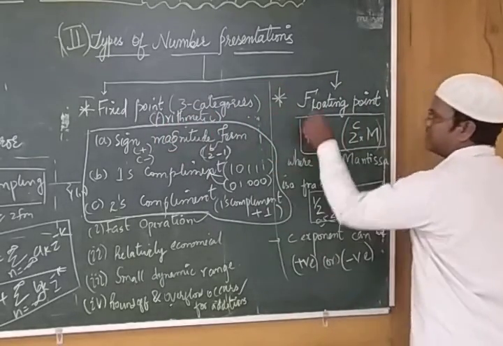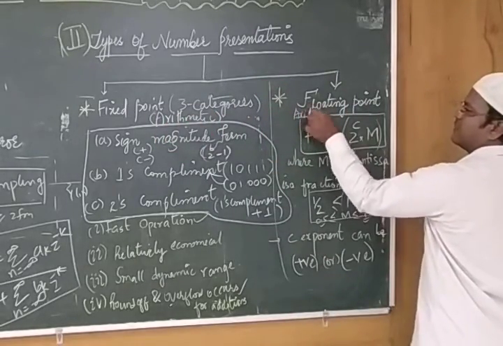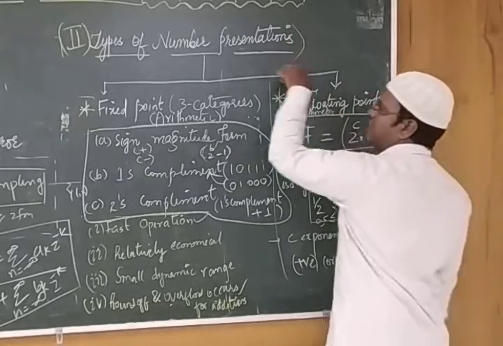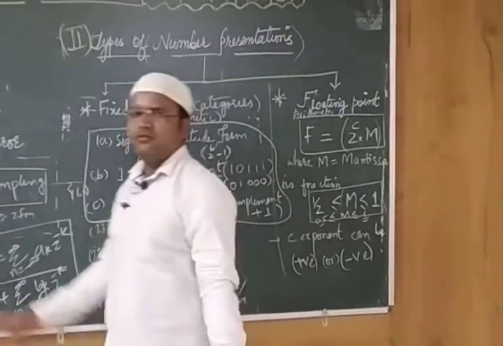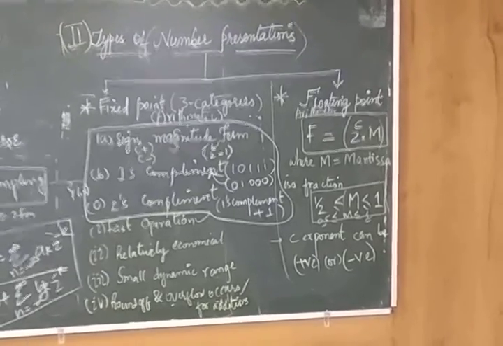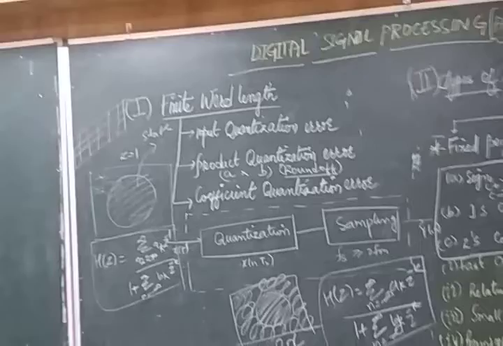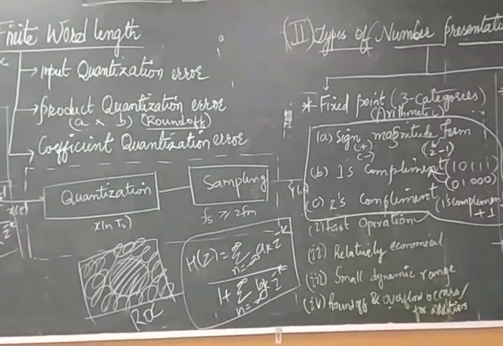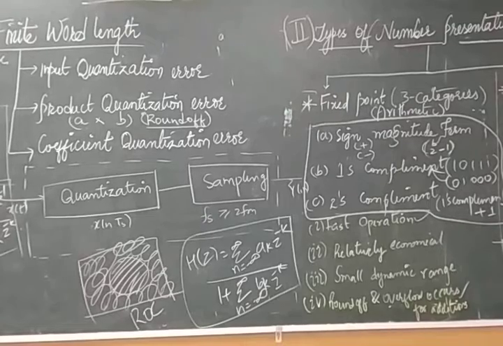Then the second category is floating point arithmetic, and make your difference. Both are representations of number systems, then the finite word length. They can ask you this question in 5 marks, 7 marks or 2 marks. You need to be clear about the concepts. So go through these concepts and make running notes in order to get clarity of the concepts. Thank you.